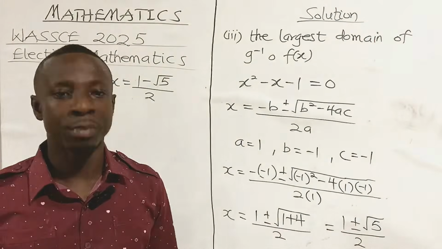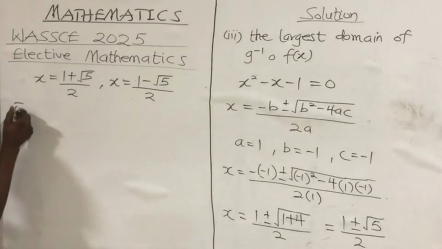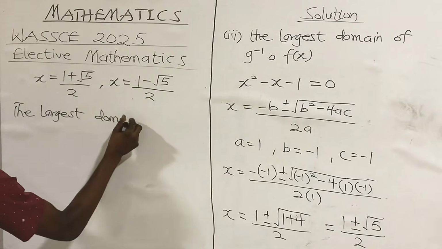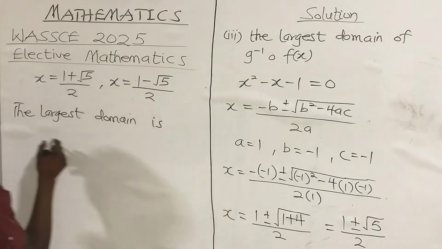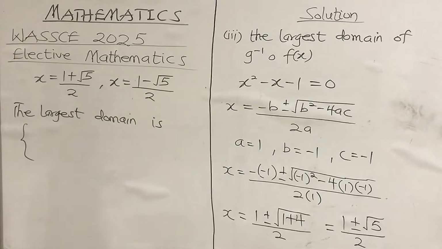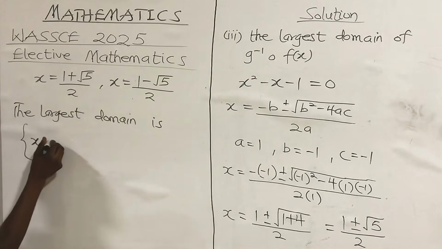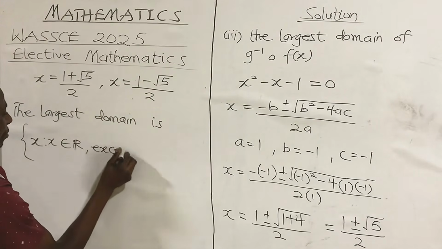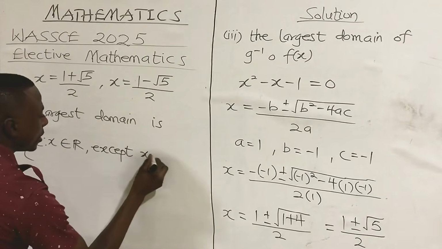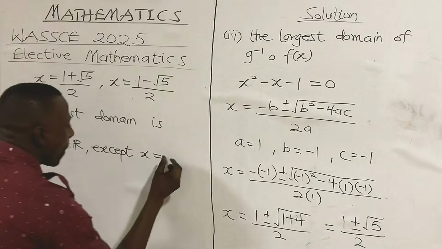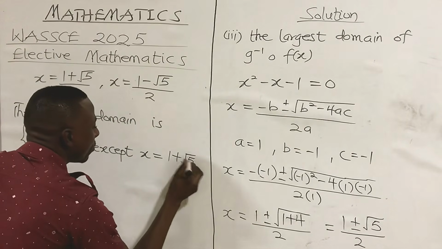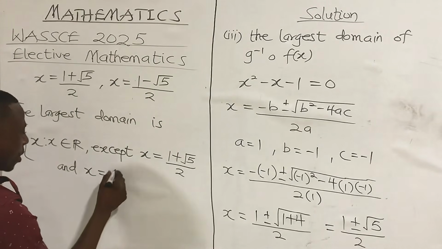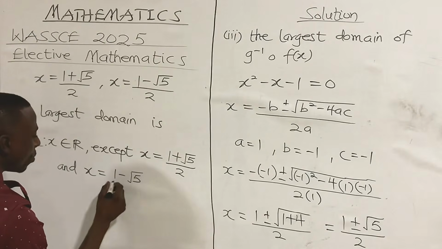But the question said domain. So we have the largest domain. The largest domain is, then you open your curly brackets, x is such that x belongs to all real numbers except x is equal to 1 plus root 5 over 2 and x is equal to 1 minus root 5 over 2.